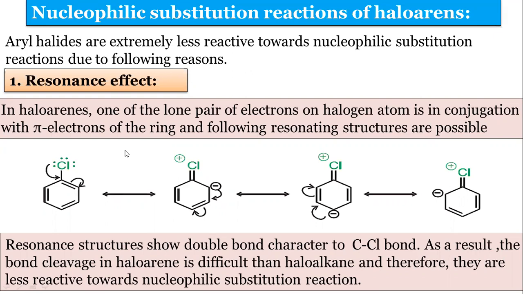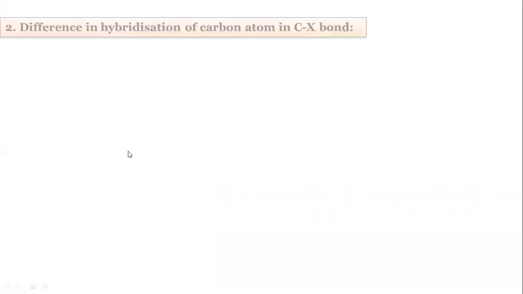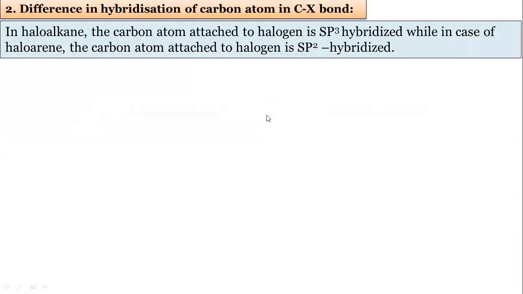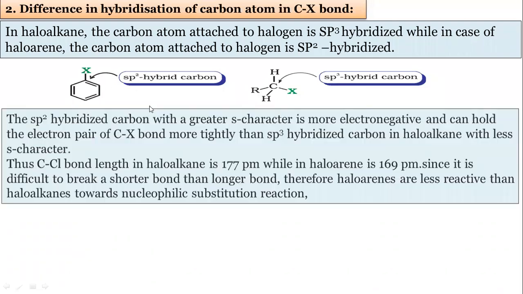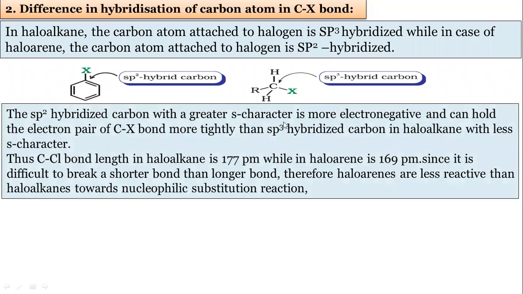The second reason is difference in hybridization. See, I will explain. In case of alkyl halides, the hybridization is sp3, and in case of aryl halides, the hybridization is sp2. Because of this hybridization, what is happening? The bond length of this C-Cl bond in case of alkyl halides is 177 picometer, and in case of haloarenes it is 169.